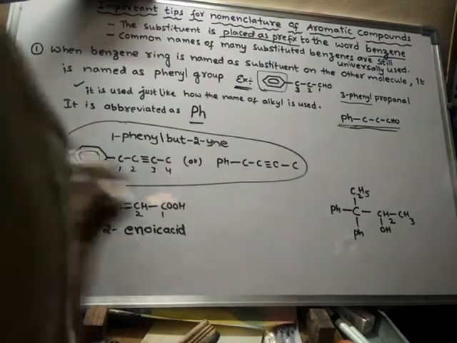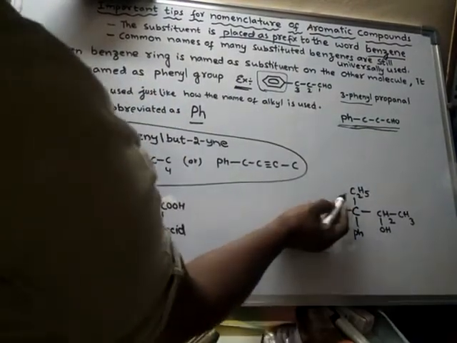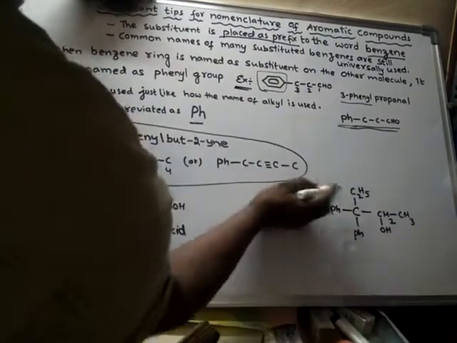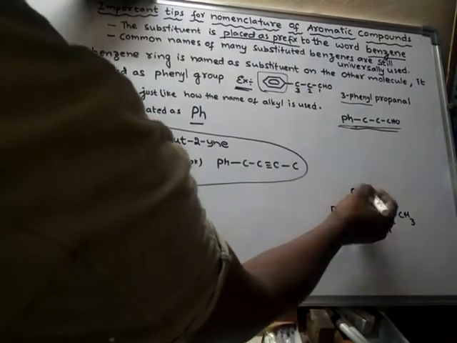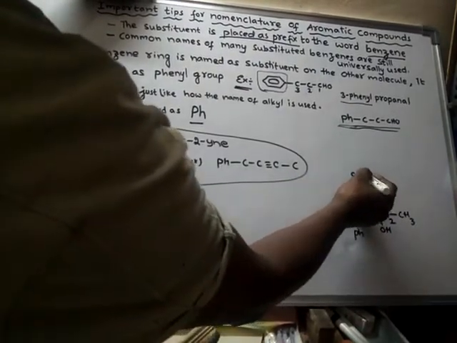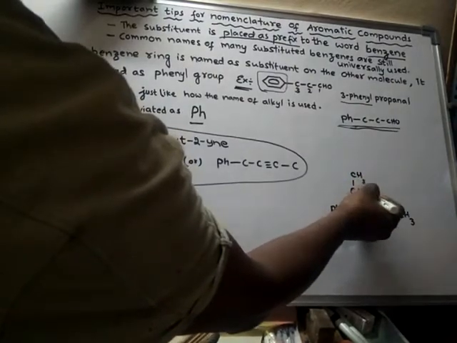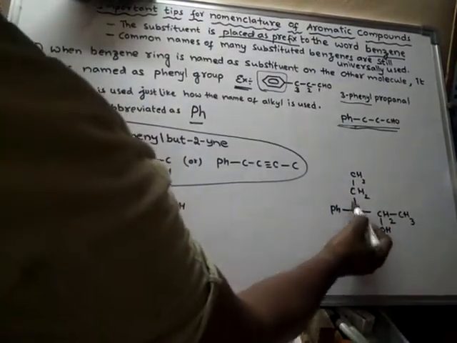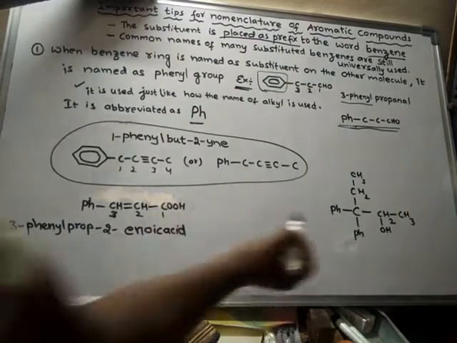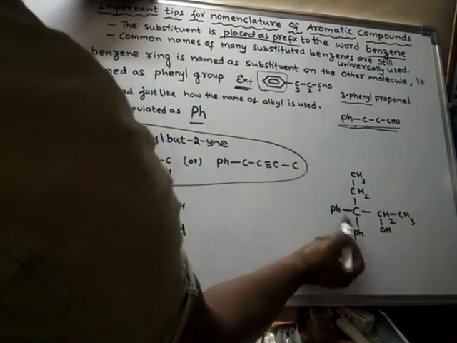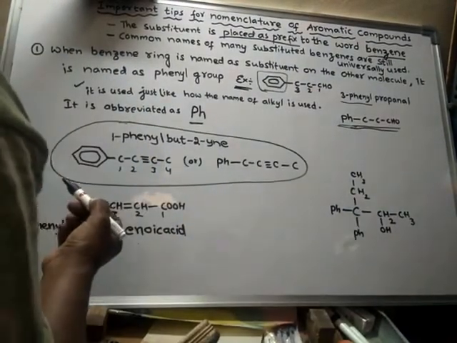It is not 3 carbons, because even these carbons are also in continuation. So now the parent chain is a 5-member chain. C2H5 means like this. On this carbon there are 2 rings attached.